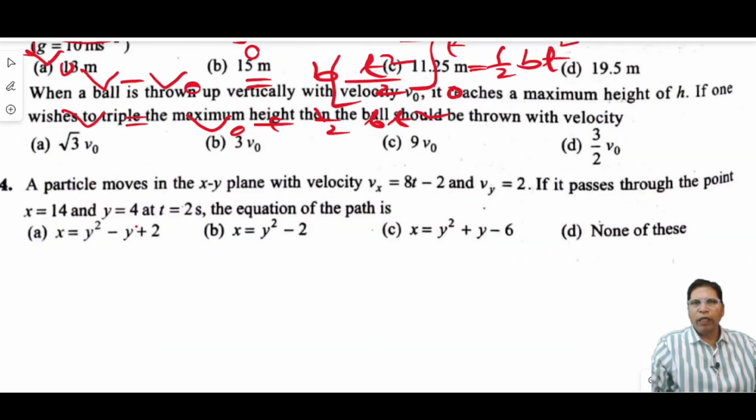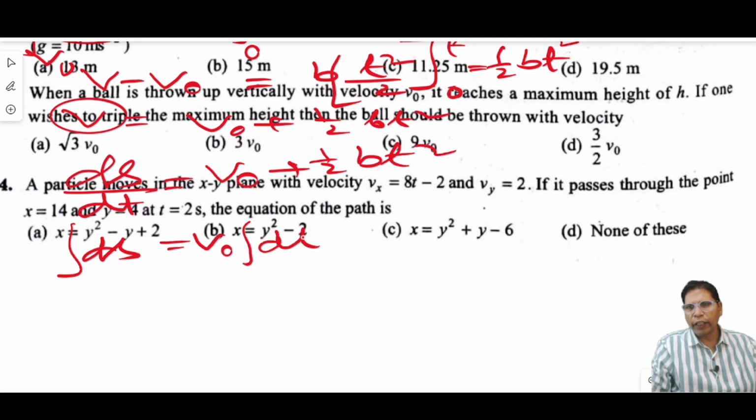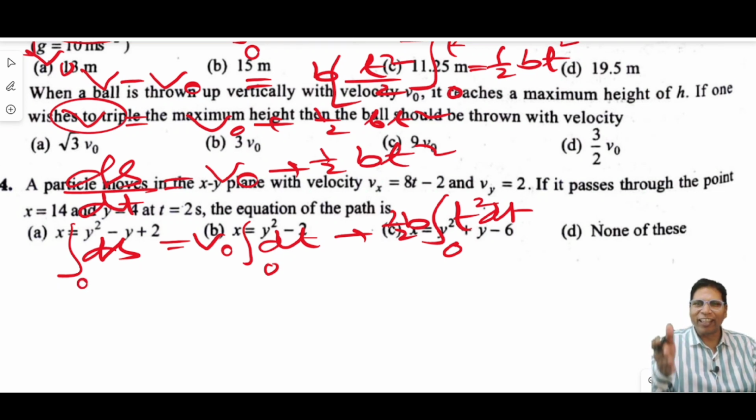This is the velocity. Now we have to calculate displacement. Velocity v equals ds by dt. Now ds by dt equals v naught plus half b t square. So integration of ds equals integration of v naught dt plus half b integration of t square dt. Now the limit is 0 to s, because when t equals 0, the displacement is 0.